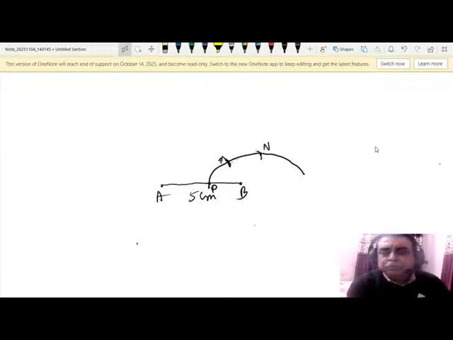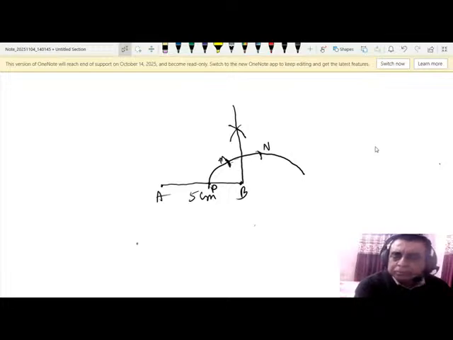First put the compass needle at the point M and, taking a radius more than half of MN, draw an arc like this. Don't change the radius. Now put the compass needle at the point N and cut this previous arc, and join the point where the two arcs cut with the point B.